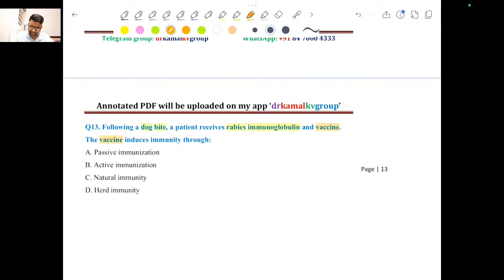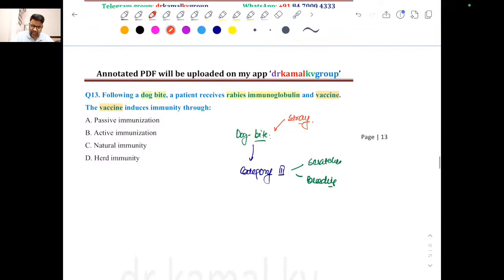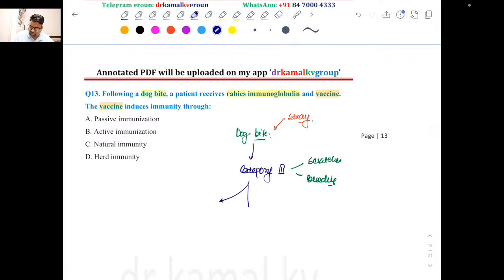I think most of you must be remembering category 3 of dog bite, where there are scratches, bleeding, especially with a stray dog, right? So here we take it as category 3, and in category 3 we have to do 3 things. First is obviously cleaning of the wound, then second is rabies immunoglobulin, and then third is anti-rabies vaccine.